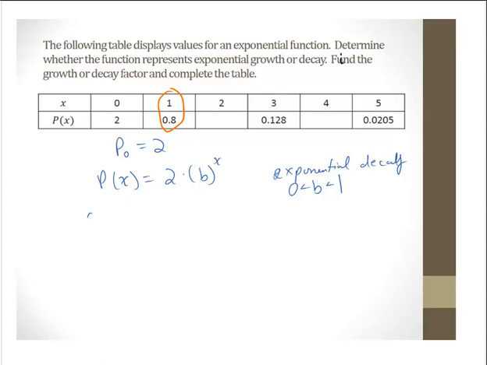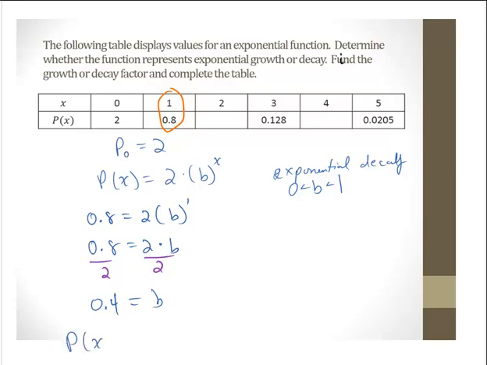So then I have 0.8 is equal to 2 times b to the first power. Well, b to the first power is b, and dividing through by 2, b is 0.4. So then my function then is p of x is 2 times 0.4 to the x.